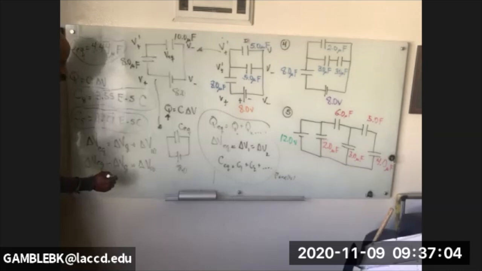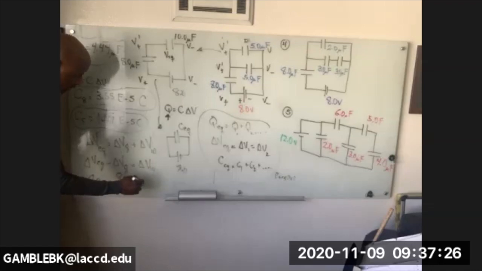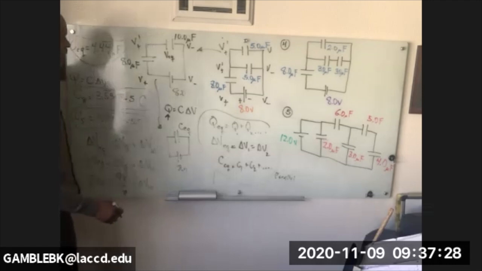Delta V8 is going to be the charge across the 8 microfarad capacitor divided by its capacitance. I'm just getting that from the formula for capacitance. So that's divided by the 8 microfarads, so put in C8 equals delta V10.